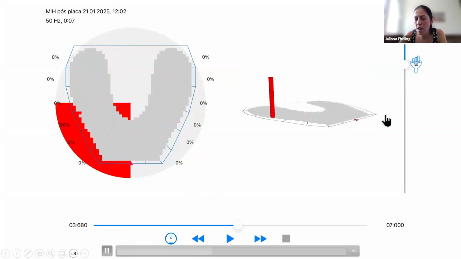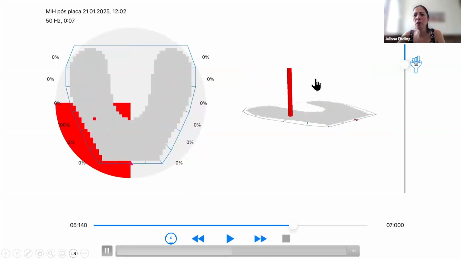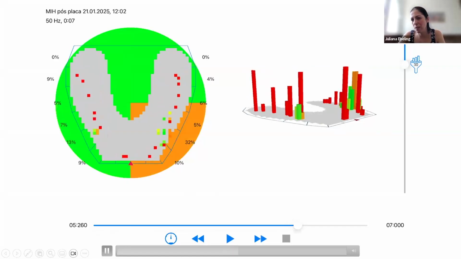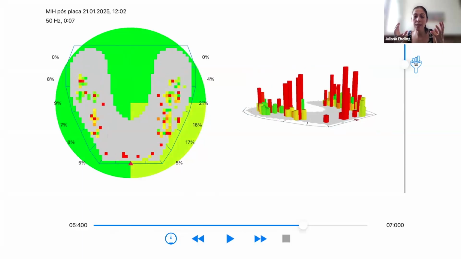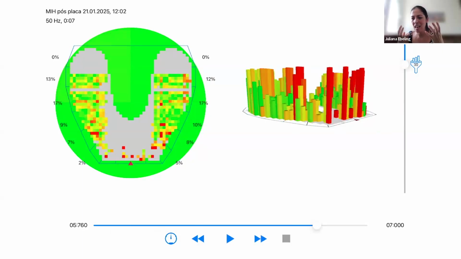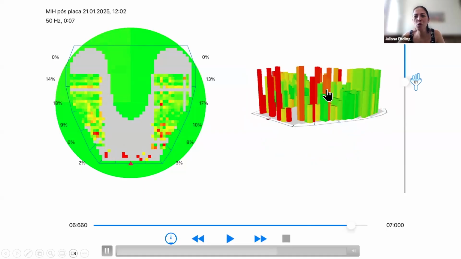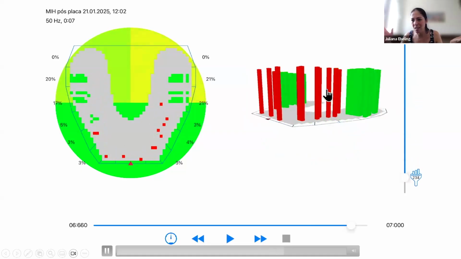So once more, if I don't know what I'm looking for, I'm not able to interpret these graphics. It's very complex. It's a lot of data that this graphic brings us. If I don't have a question, I don't know how to begin to interpret this data.